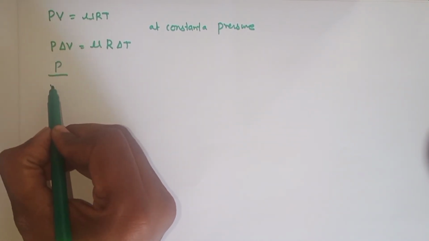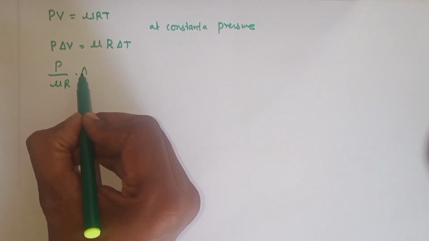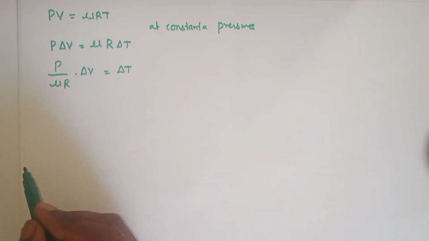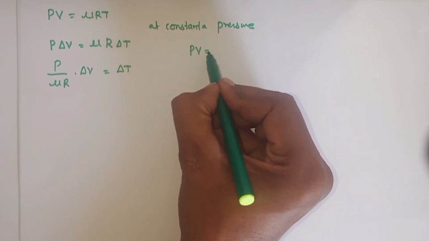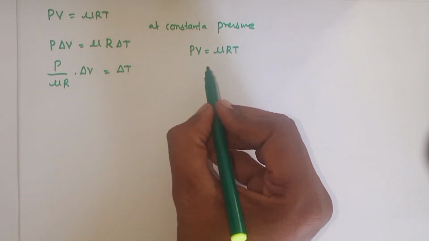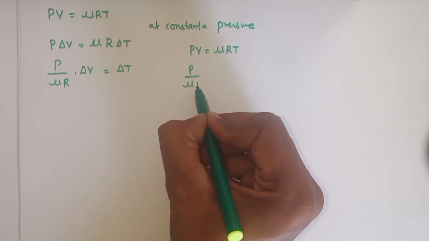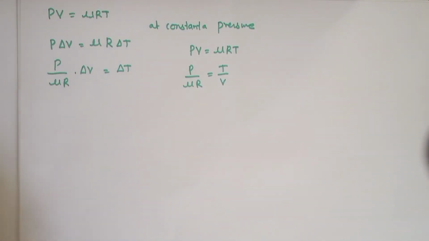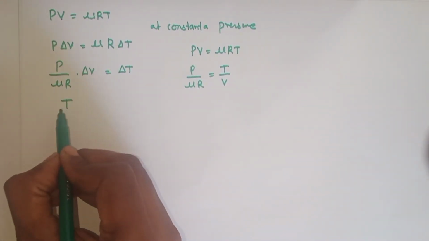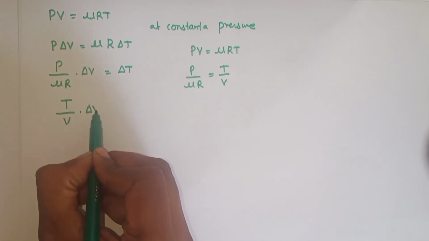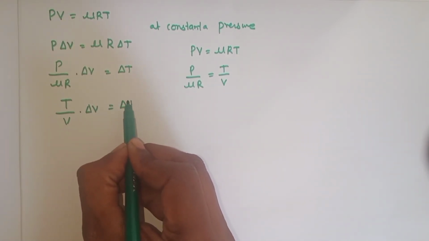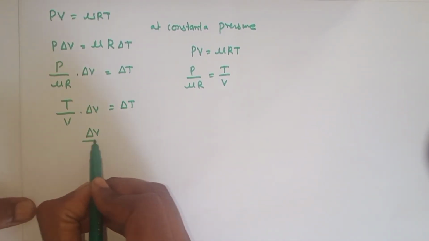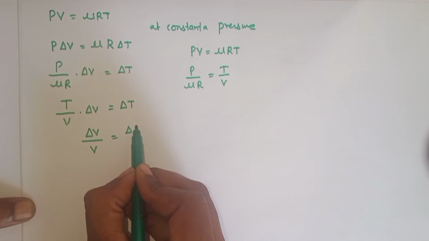P by mu R into delta V is equal to delta T. PV is equal to mu RT, so P by mu R is equal to T by V. So substitute here, T by V into delta V is equal to delta T.